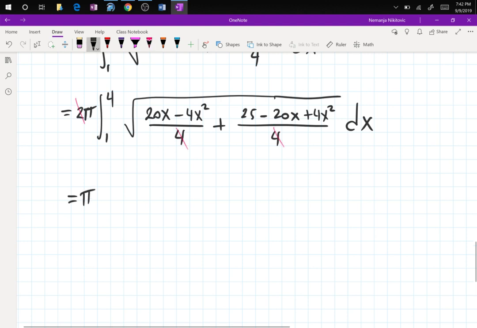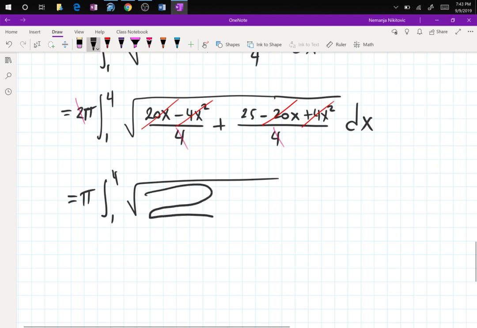So it's pi, integral 1 to 4, square root of negative 4x squared, positive 4x squared, gone, positive 20x, negative 20x. I was thinking it's going to be some expression there.